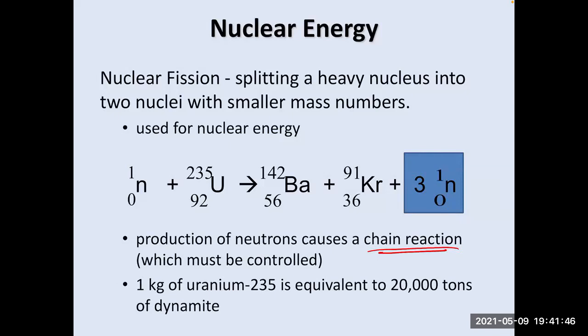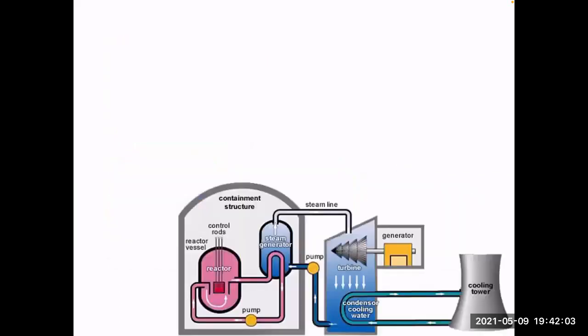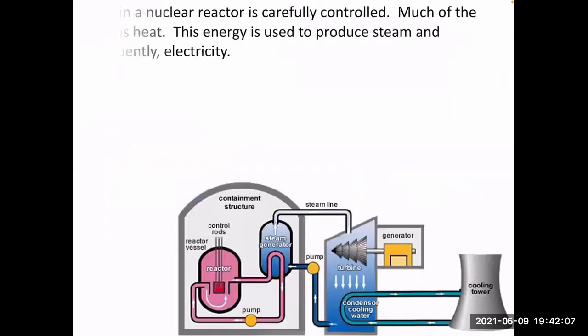It's a lot of energy. A typical pellet of uranium weighs about 7 grams, and it can generate as much energy as 3.5 barrels of oil, 17,000 cubic feet of natural gas, or 1,780 pounds of coal. So quite a bit of energy stored in such a small element.